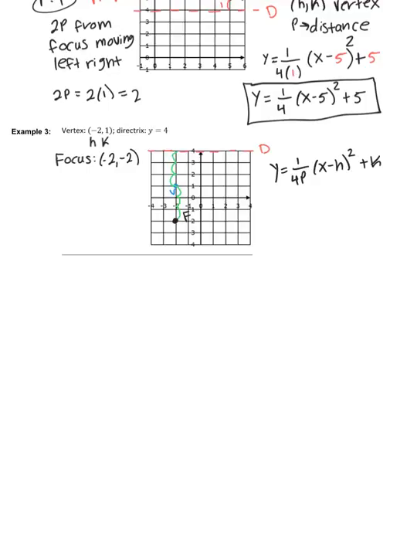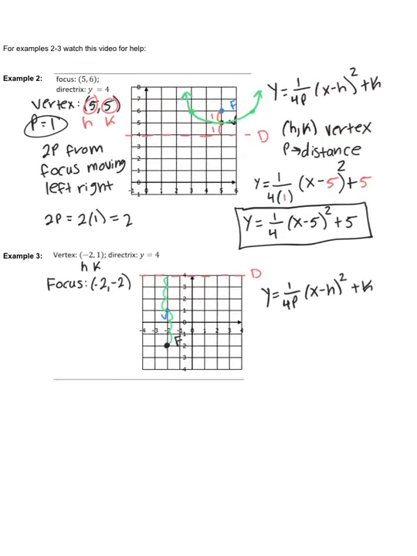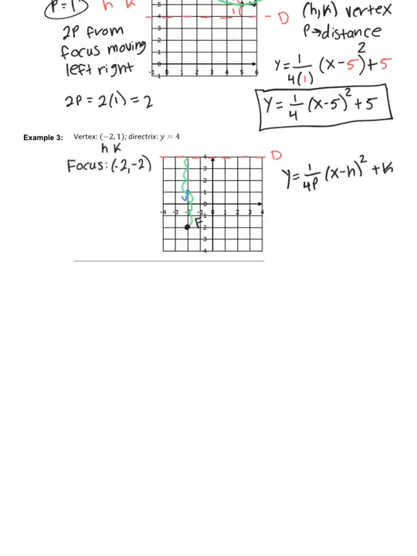Something to note about this one. In our previous example, your parabola was opening up like a smiley face. Whenever you're opening up, that p-value needs to be positive. In this case, the focus is below the vertex, and your graph needs to open in the same direction as the focus and away from the directrix or that dotted line.